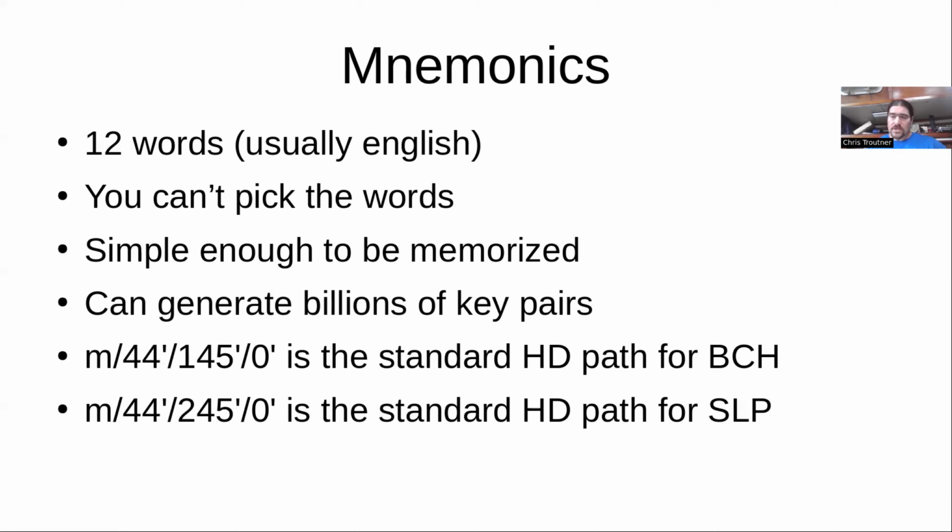So HD wallets are generated through a path that you can see down there at the bottom, and you can look in the book to get the nitty-gritty details, and there are BIP proposals if you really want to get the hardcore technical details. But all you really need to know to be an effective programmer is there's a path that you give it to generate these 12-word mnemonics. 145 is the standard path for Bitcoin Cash, and 245 is the standard for SLP tokens.